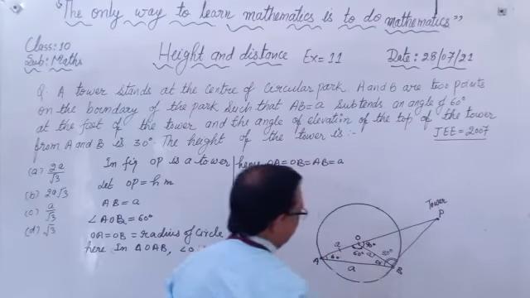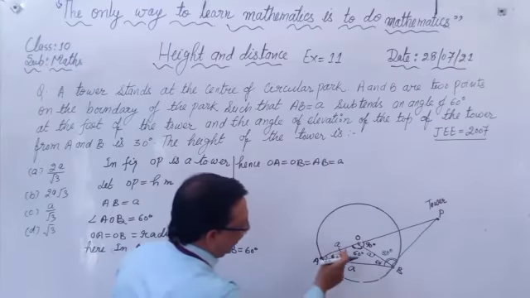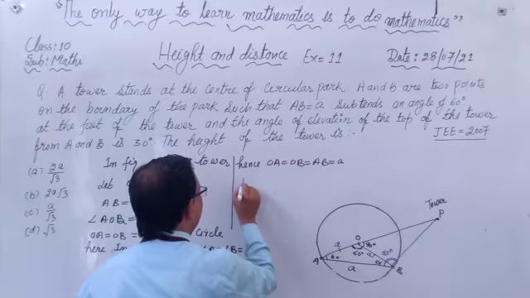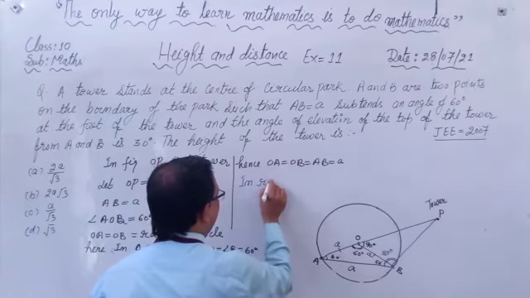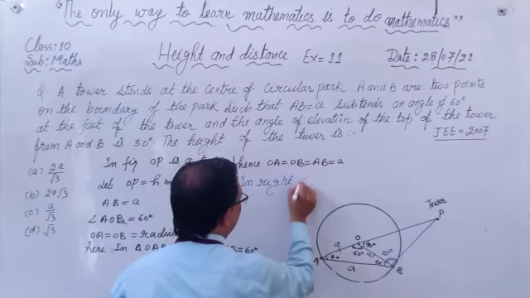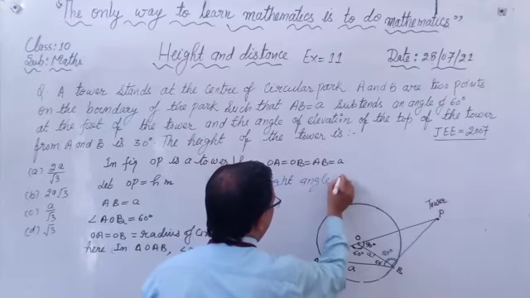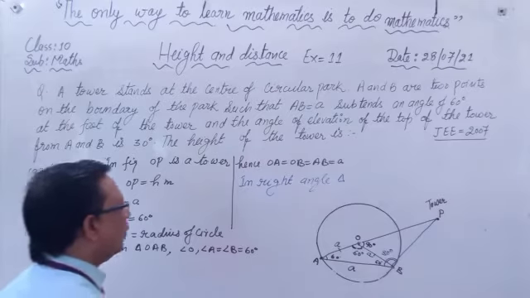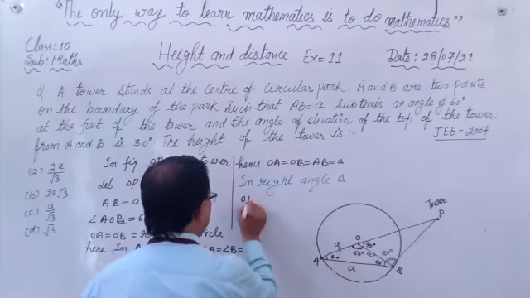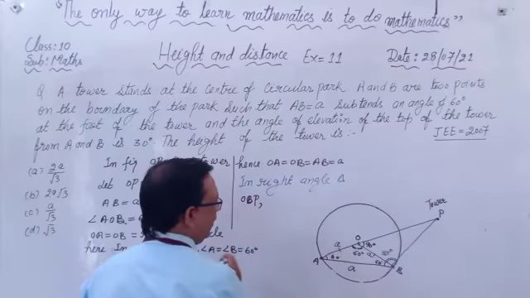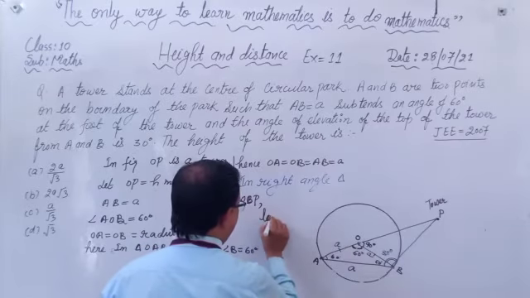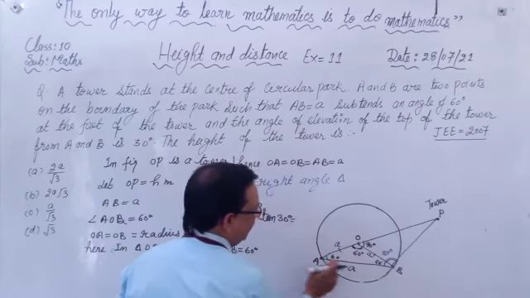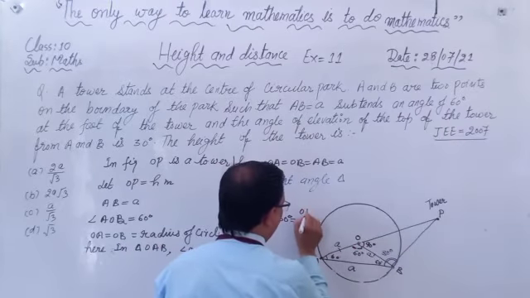Now we take a right angle triangle OBP. In right angle triangle OBP we apply tan theta. Tan 30 degrees is equal to perpendicular OP upon base OB.